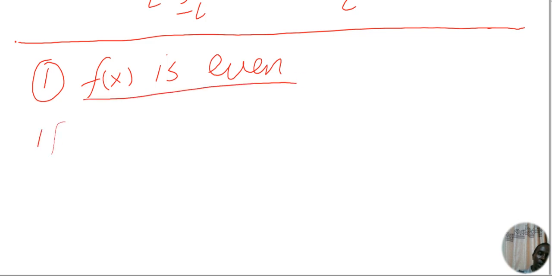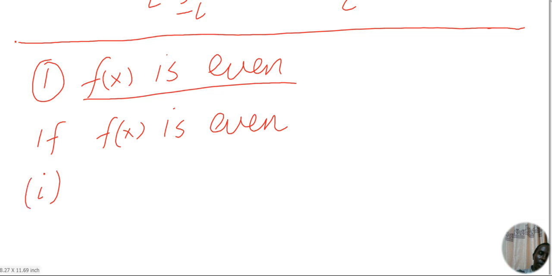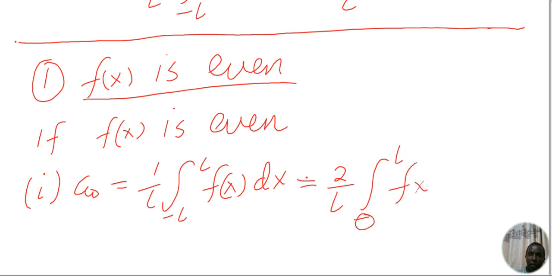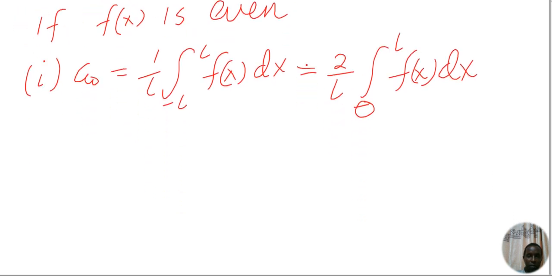If f of x is even, then we see that 1, a naught, which is defined as 1 over L integral from minus L to L, f of x dx, will become 2 divided by L integral from 0 to L, f of x dx. So we can just integrate from 0, then multiply the result by 2.